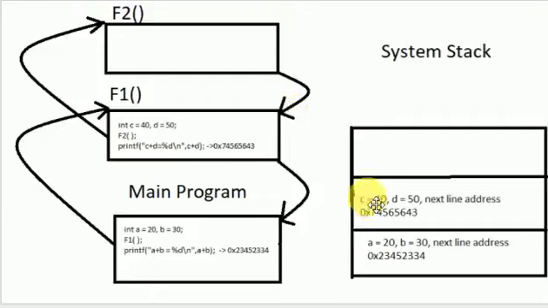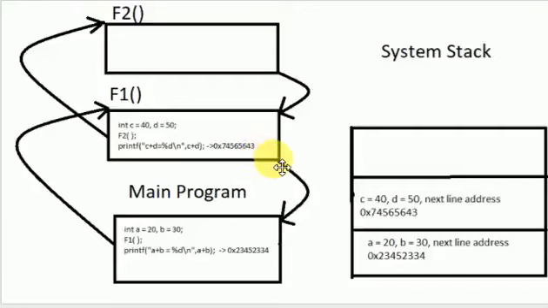This item will be pulled out from the system stack. From this stack you will know the address of the line from where the execution has to be started. From that line the execution will start, the values of c and d will be restored, and it will complete the execution of function f1.